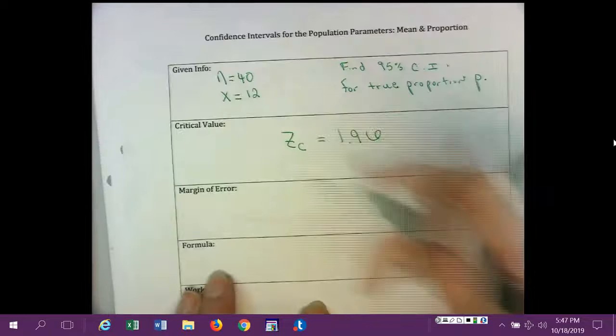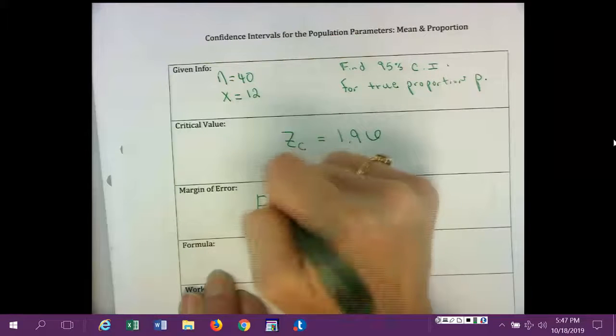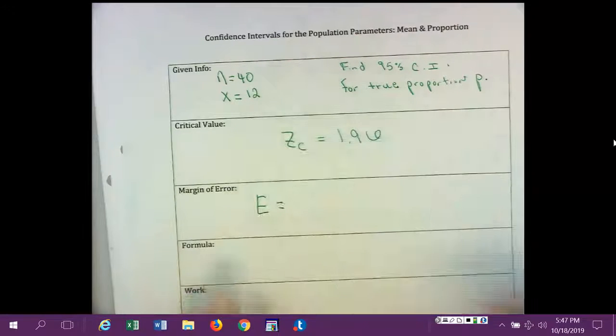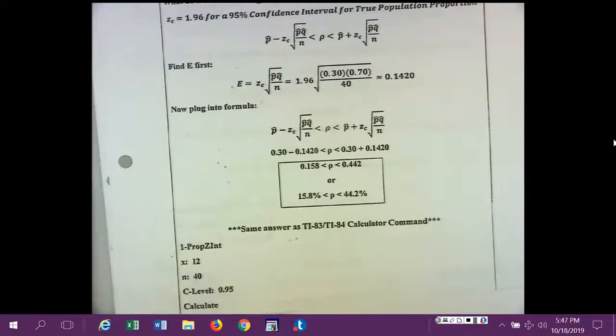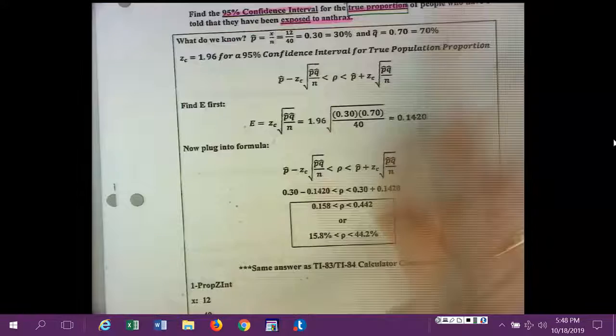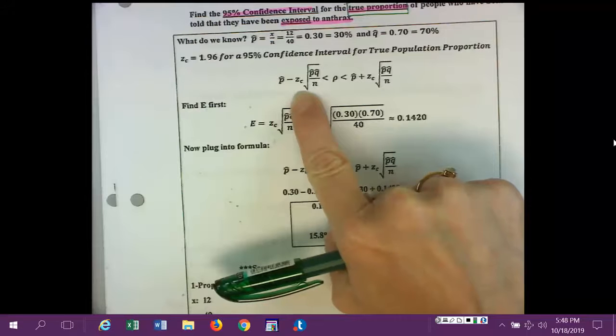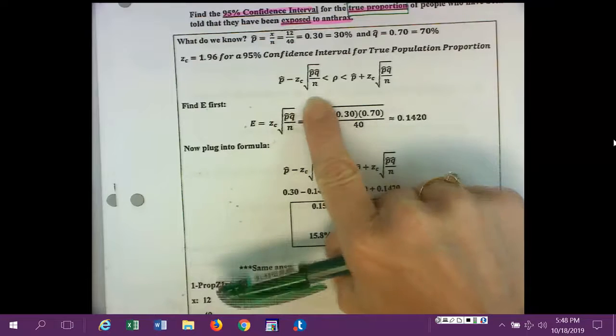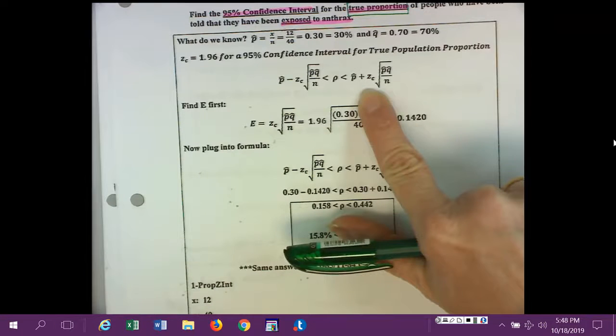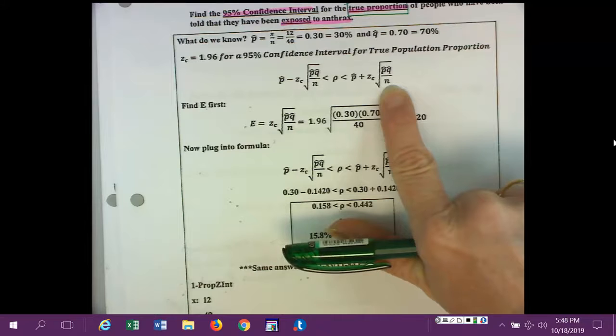Margin of error. E is equal to, if you go back to your formula page, you have p hat minus z times the square root of p hat times q hat over n, and then p hat plus z times the square root of p hat times q hat over n.